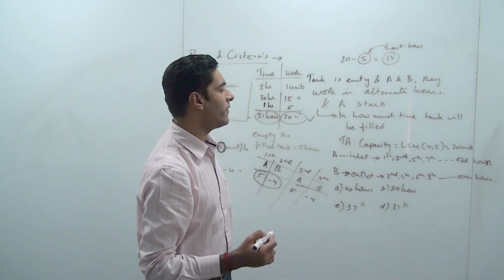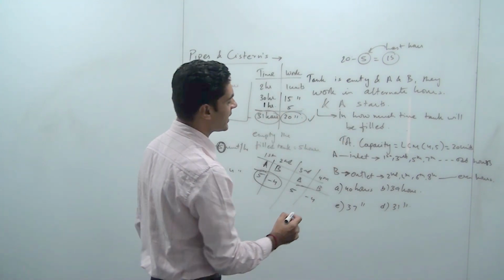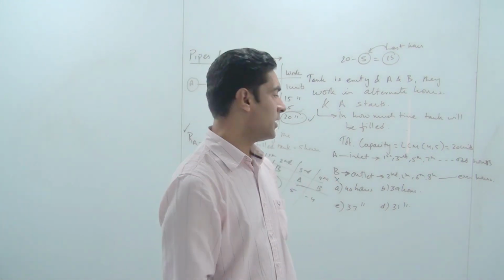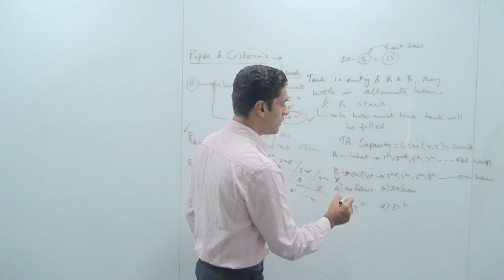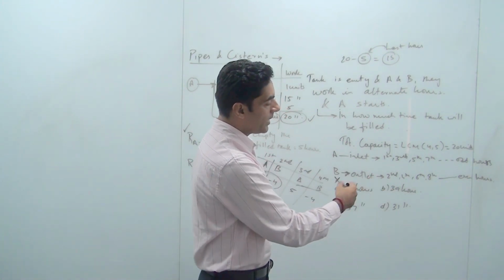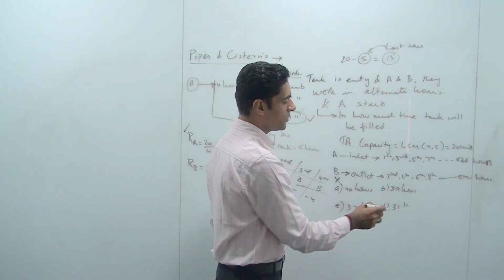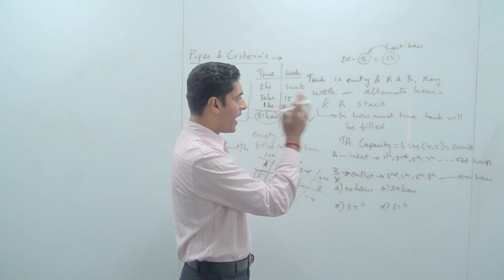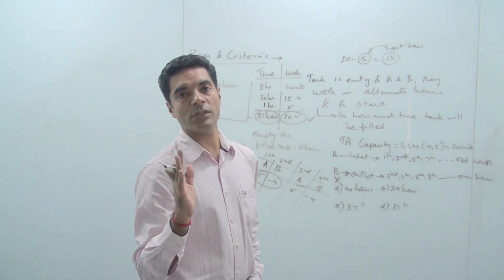So even if you applied the logic that your answer cannot be an even hour, because in the even hour the tank is getting emptied, you have deleted that option. But the remaining 3 options are also odd, so you need to actually apply your logic for solving this kind of question.